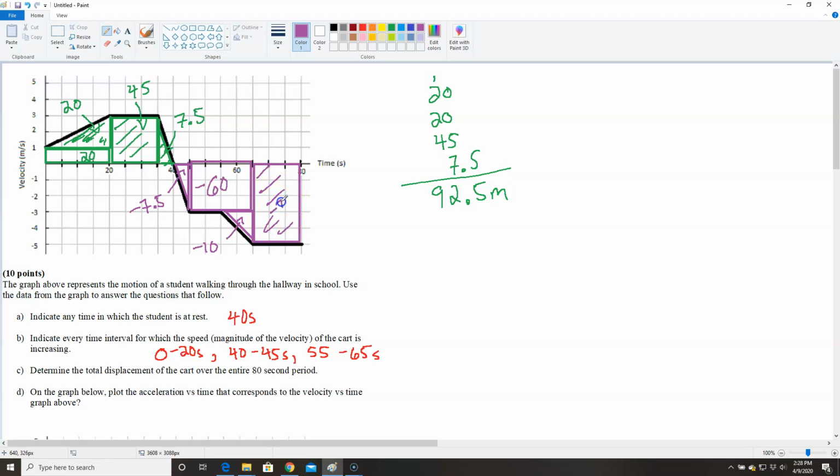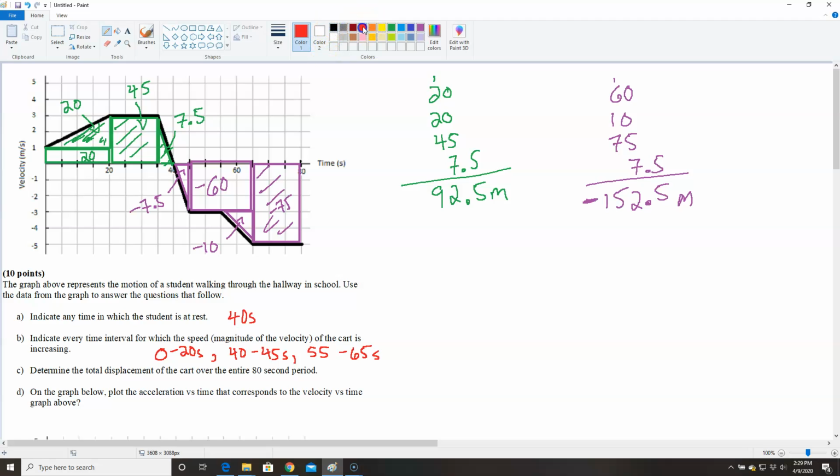That's going to be negative 75. So the negative is a 60, a 10, a 75, and a 7.5. So I get 152.5 meters. This is negative because it's in the negative direction.